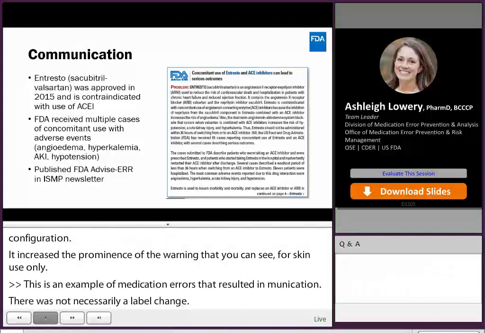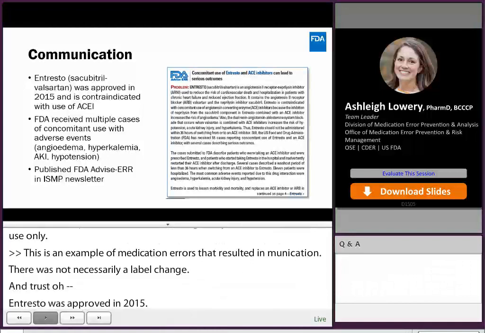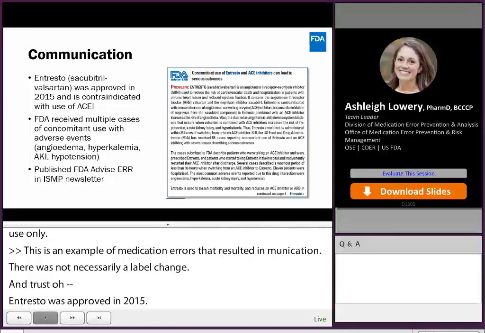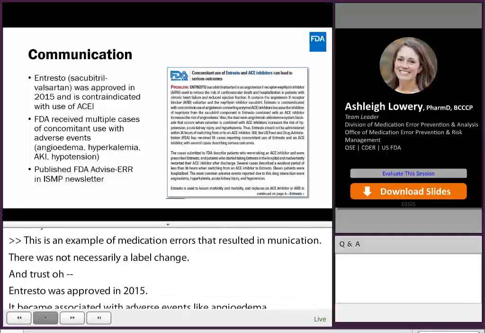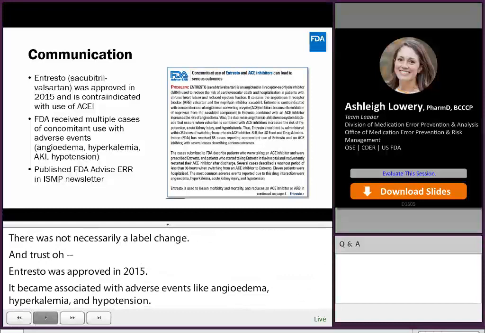So to communicate this information about the contraindication and required washout period, we published an FDA advisory in the Institute for Safe Medication Practices newsletter to better reach prescribers, nurses, and pharmacists in the community.